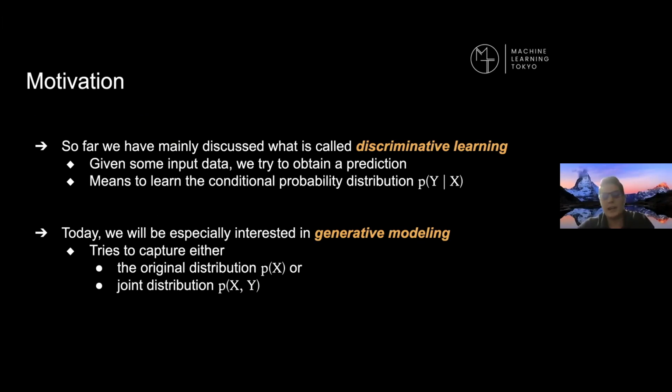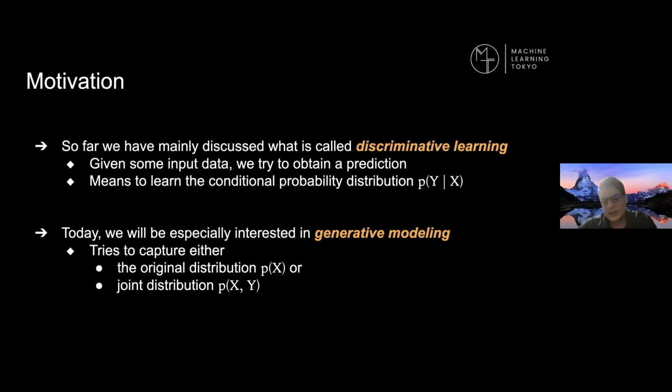It could be a class, or some real-valued property, for example of a molecule, or just a value in general. What it really means is that we're trying to learn a conditional probability distribution: what is the probability of getting class or value y given some input data? This is how we would write this.